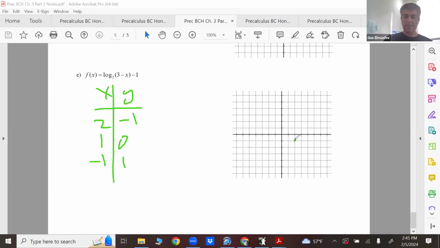Good. Hold on a sec. The vertical asymptote was at 3. There you go, just like that. Once you have a strong command of how the logs work, it's pretty easy what to do.